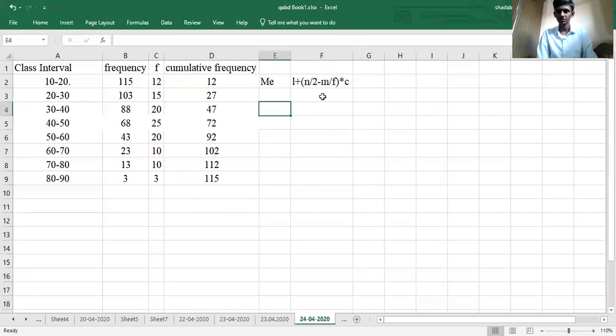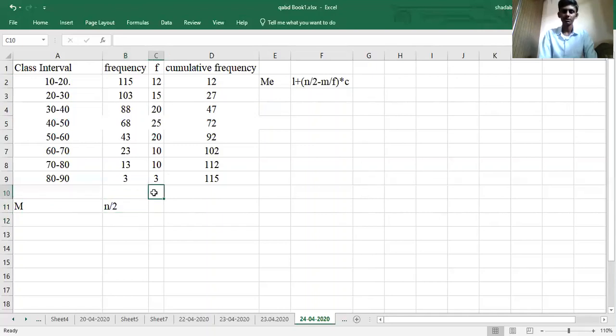Before going further, we have to find the middle class, the median class, because we want L. L is the lowest value in the middle class. For calculating the middle class, the formula is M equals N by 2. What is N? Total frequency.